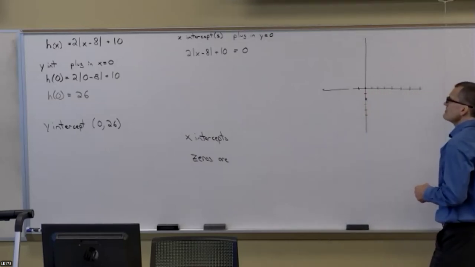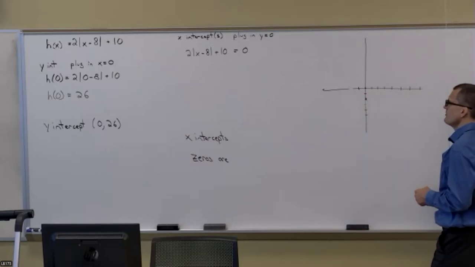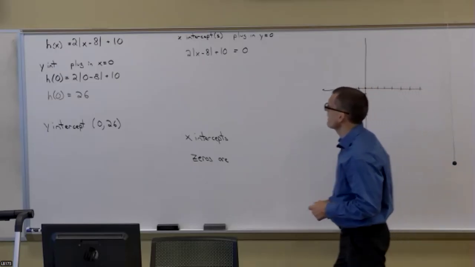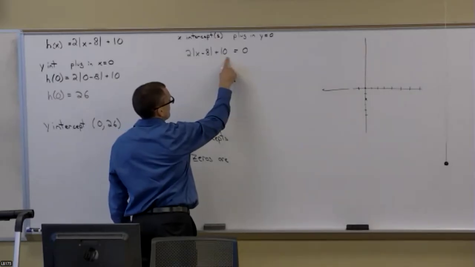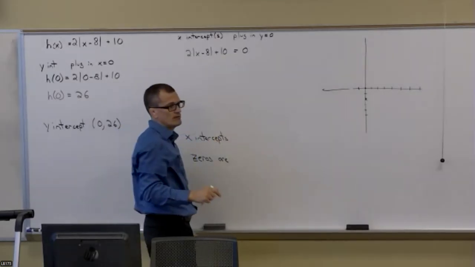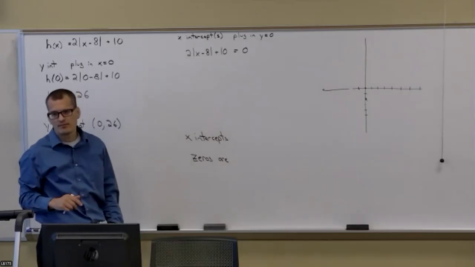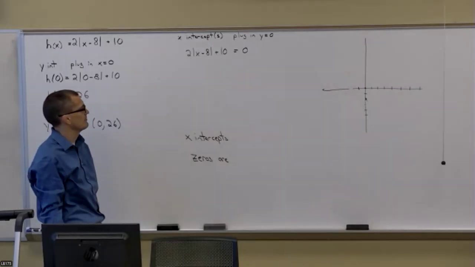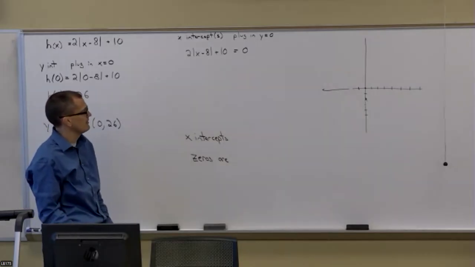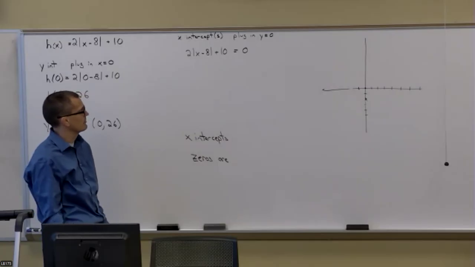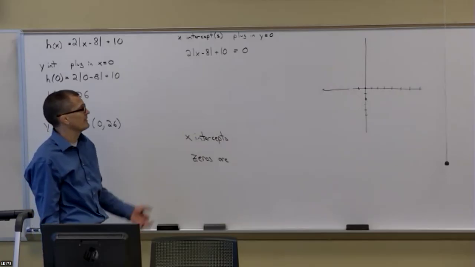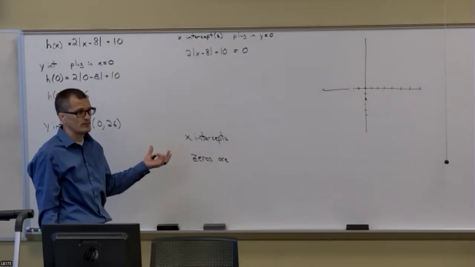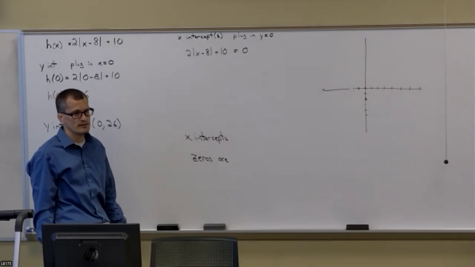To find the x-intercept, we plug in a 0 for y. Now, you could write 0 equals this, or this equals 0. 2 times the absolute value of x minus 8, then plus 10 equal to 0, or 0 equal to that. Oftentimes, I like having my absolute value on the left-hand side of the equation, just because that's a little bit more traditional.